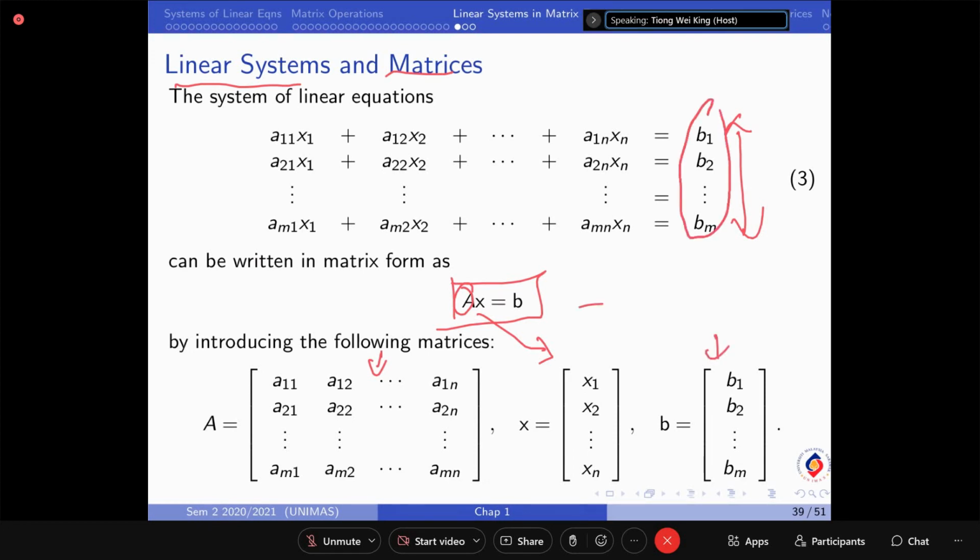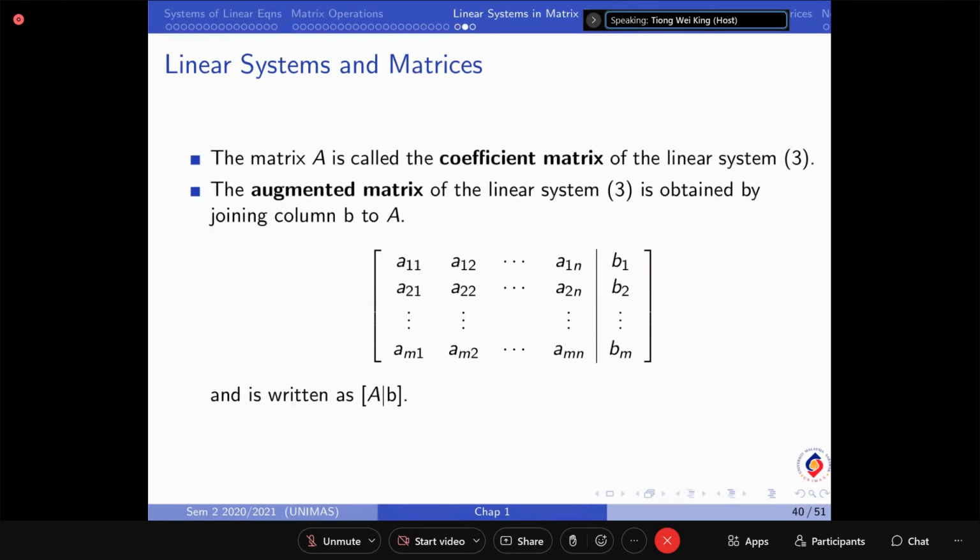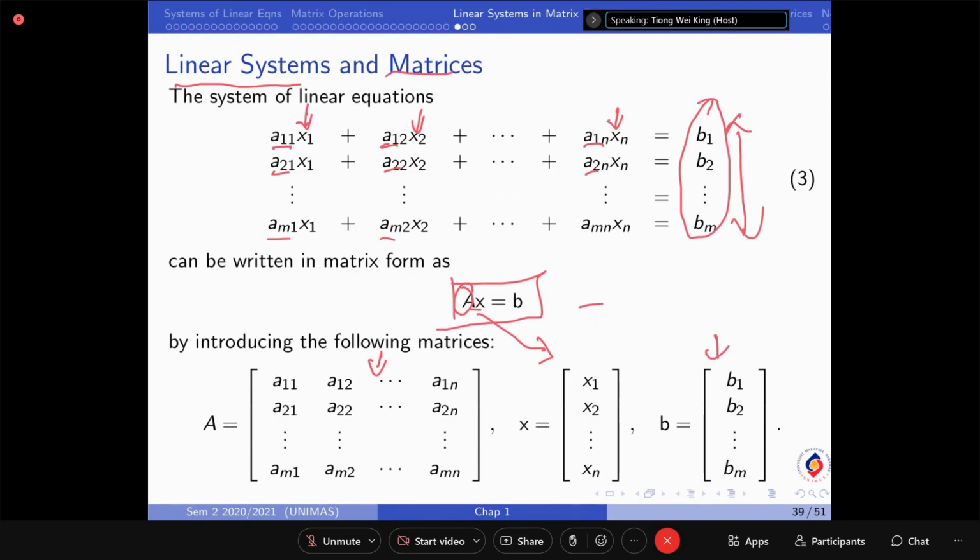The A11, A12 and so on are the coefficients of the linear equations. That's why we say that matrix A is called the coefficient matrix. This is the unknowns, this is B, and this is the coefficient matrix.